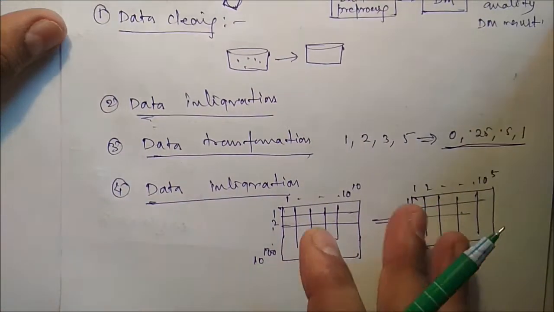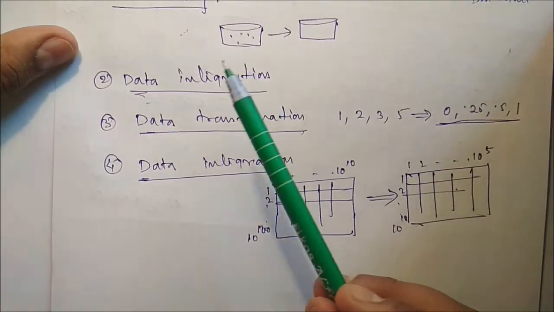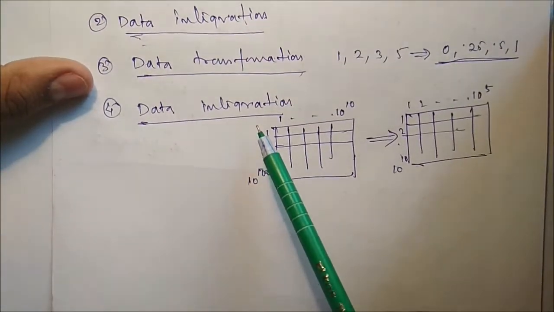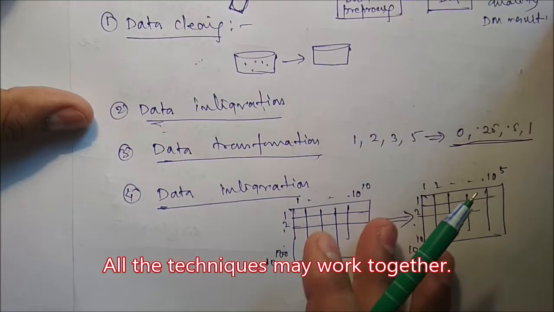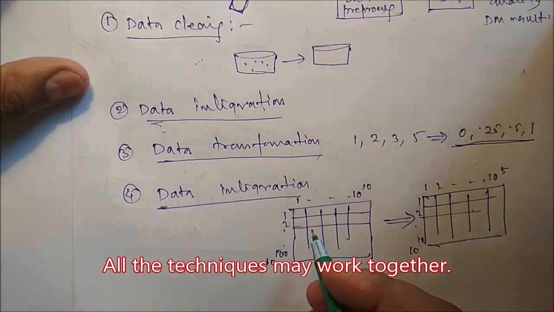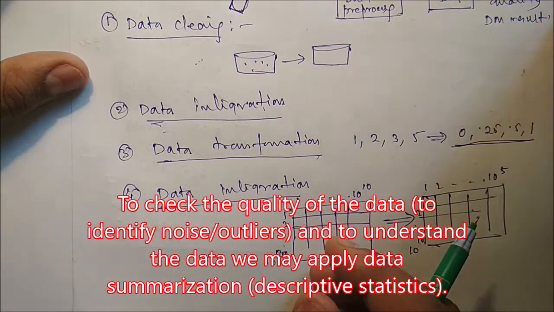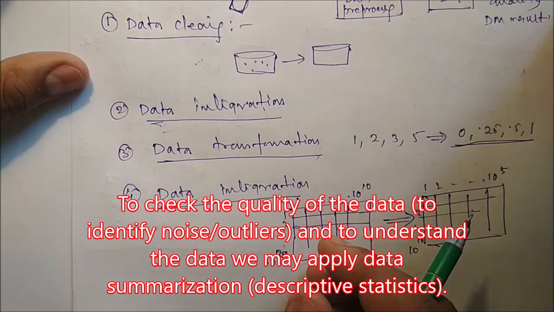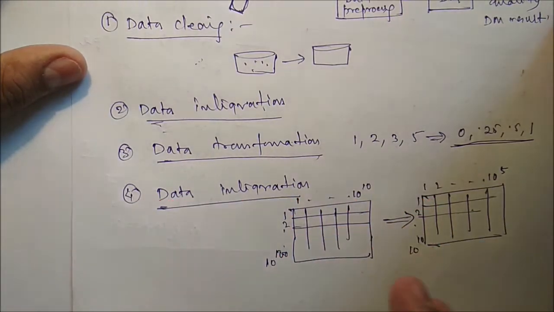Now we have seen the techniques: data cleaning, data integration, data transformation, and data reduction. We can apply all these techniques together to clean the database. To check the quality of the data, to identify noise, outliers, etc., and to understand the data, we may apply data summarization or descriptive statistics.